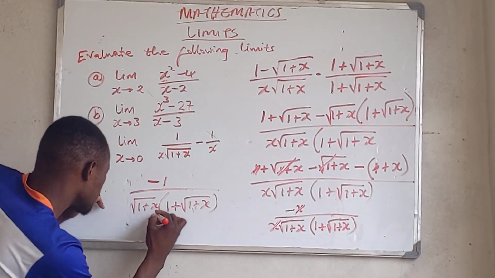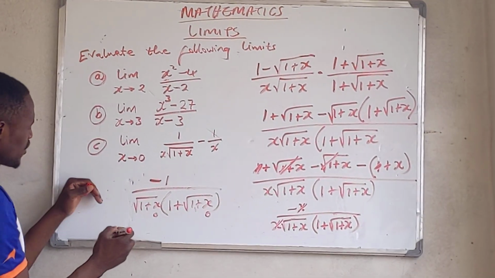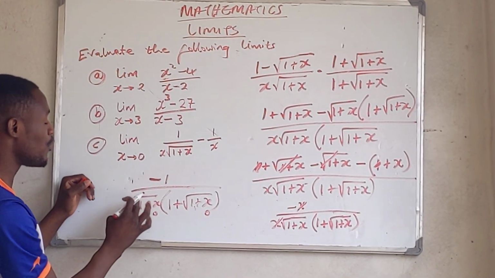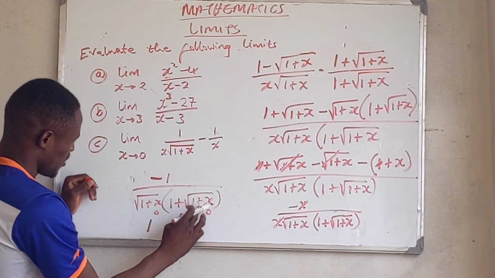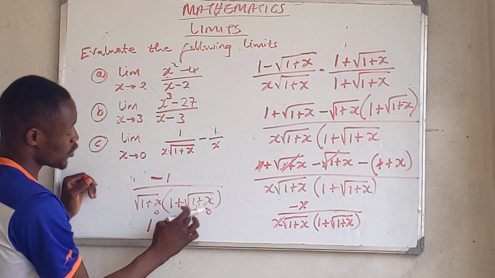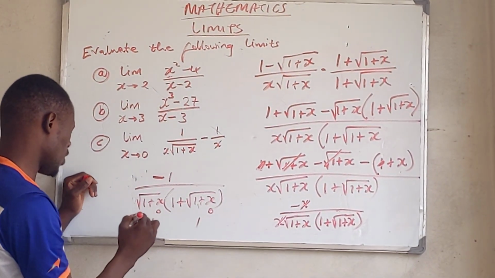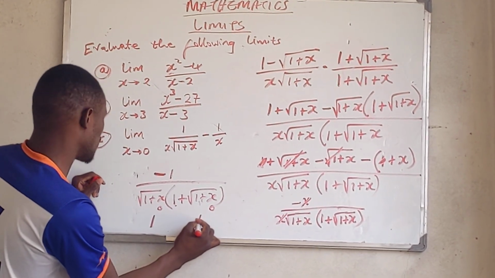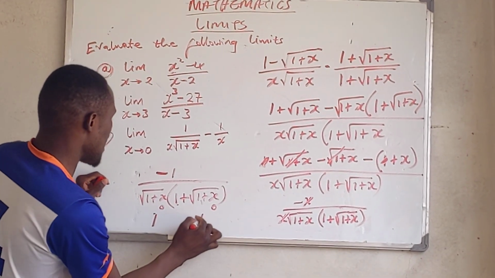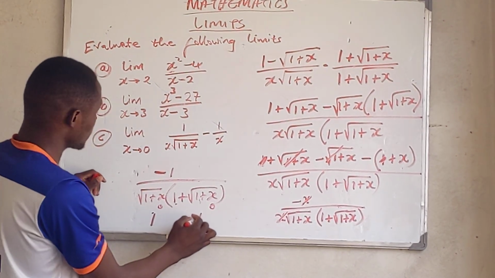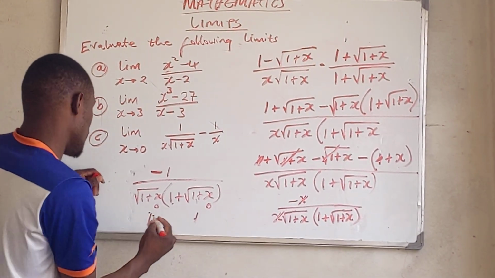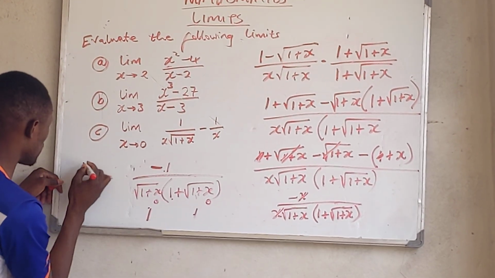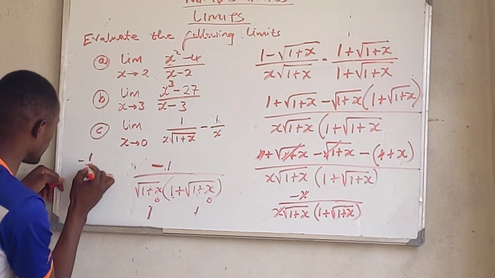So here we put a 0, we also put a 0 here. So 1 plus 0 is just 1. The square root of 1 is 1. 1 plus 0 is 1. The square root of 1 is 1. So we'll say 1 plus 1, which is 2. 1 times 2, which will give us a 2. Therefore, we know that when we do the substitution, we are going to have negative 1 over 2.